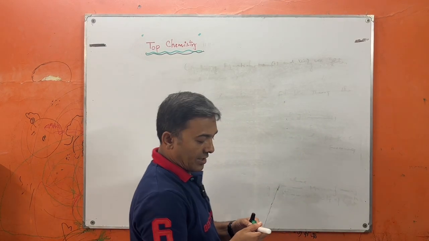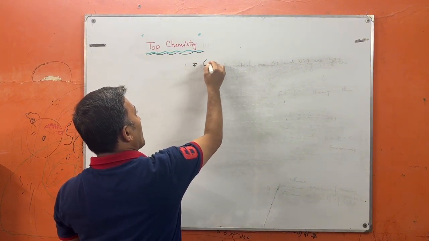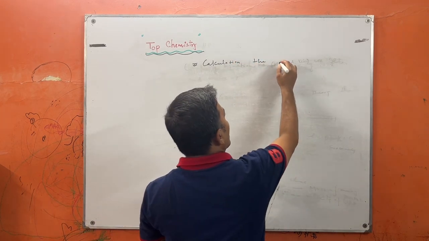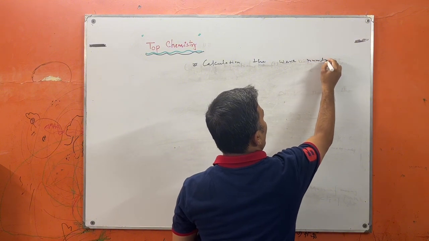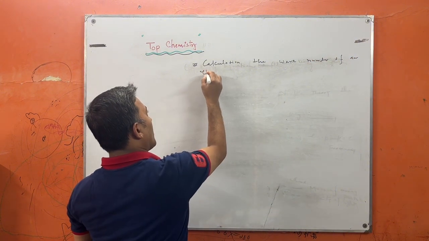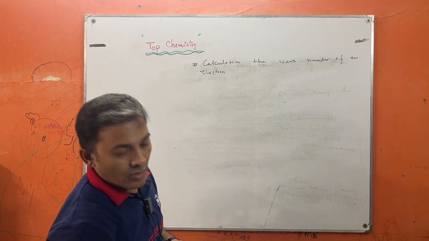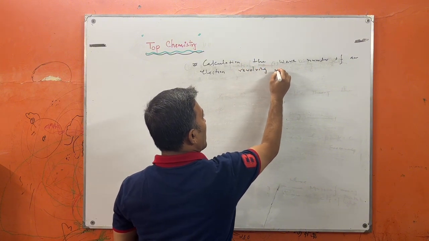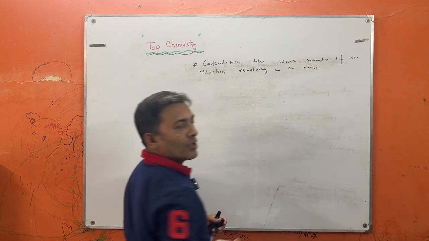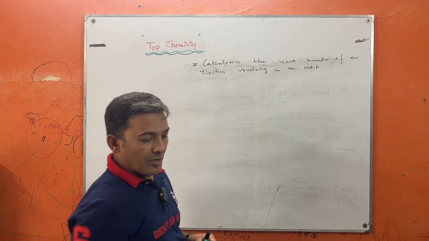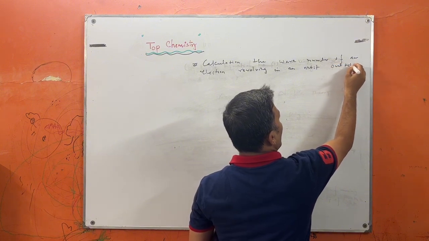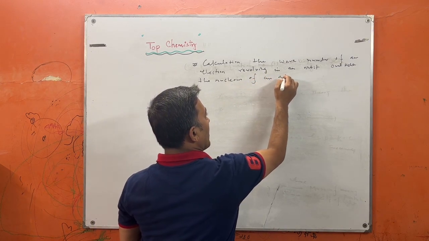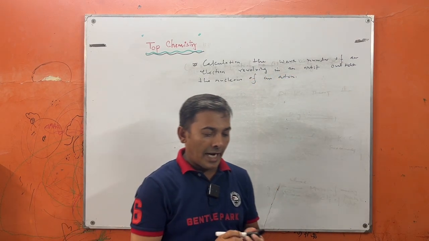Calculation of the wave number of an electron revolving in an orbit outside the nucleus of an atom.